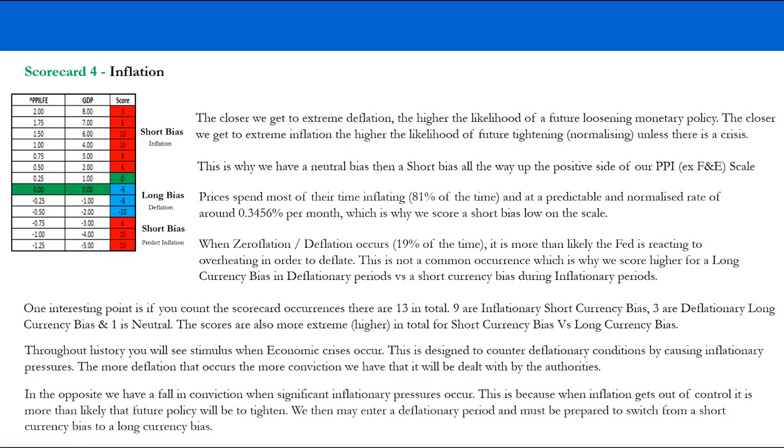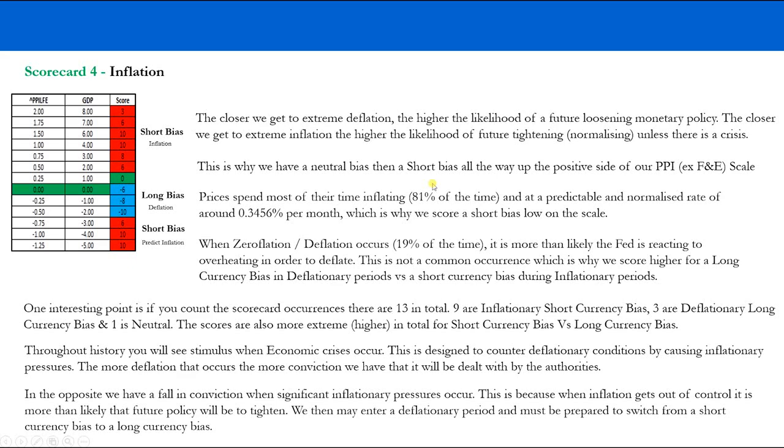We have a neutral bias, then a short bias up the positive side of our PPI X food and energy scale. We know that prices spend most of their time inflating, 81% of the time, and at a predictable and normalized rate of around 0.35%, which is why we score a short bias but low on the scale.